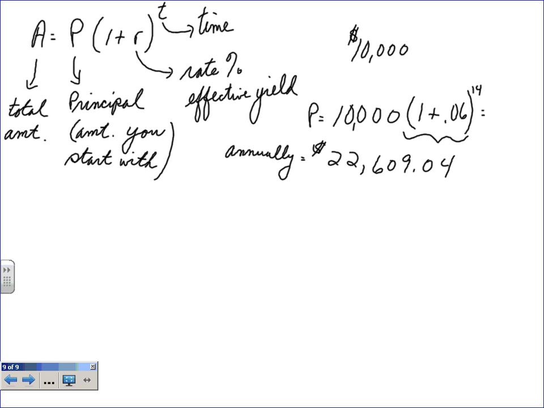So what they're going to do is they're going to figure out your interest after 6 months, not after a year. And then another 6 months, they're going to figure out your interest again. So every 6 months instead of every year. Now, without putting that stuff in your calculator, we need a little bit different formula, and that's what we're talking about today. The formula is going to look like this.